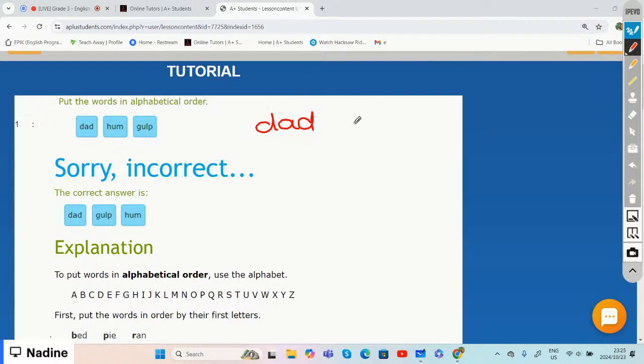Then alphabetically we have G next, which is gulp, and then hum. So the D's in the alphabet first, then G, and then H. Yes, well done. Dad, gulp, and hum.